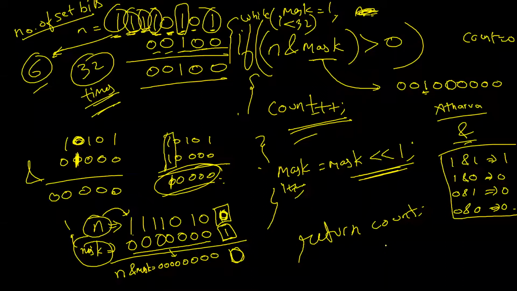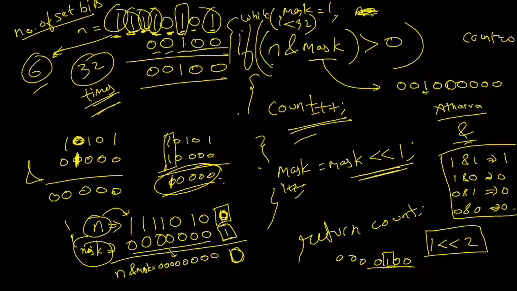So I can use this to check if this third bit is set or not. Do you guys agree? Right? So in that way, you can use mask to move towards left so that you can set each and every bit at a position and just check if that bit is set or not. In that way, I can increase the count.